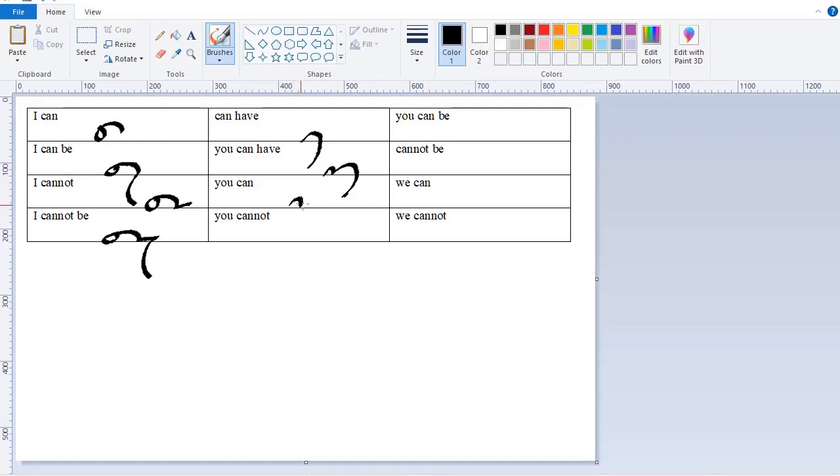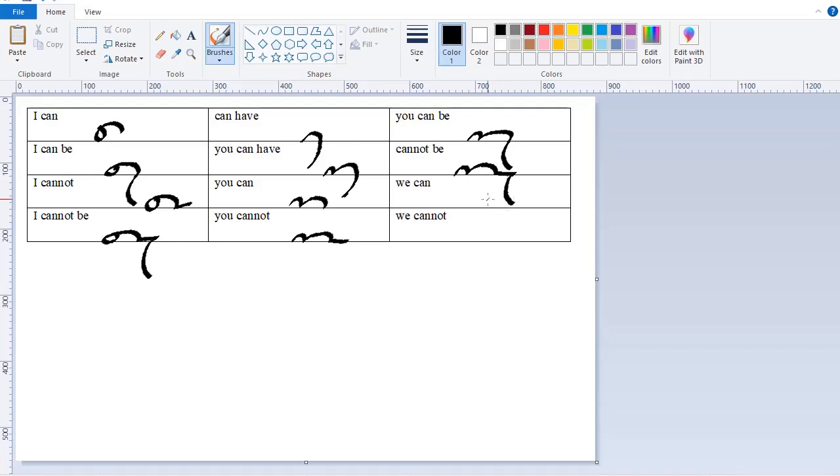So, you can. You cannot. You can and not. Next, you can be. So, we have you can be. You cannot be. So we have you, and then can, and then not, and then be. You cannot be.